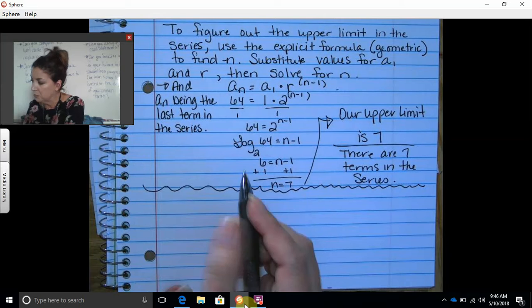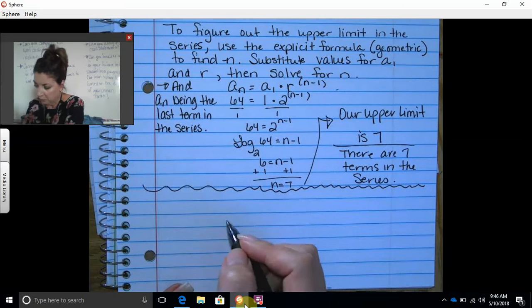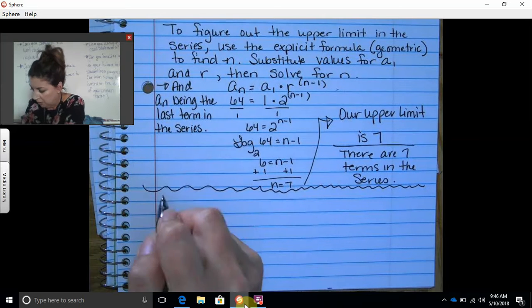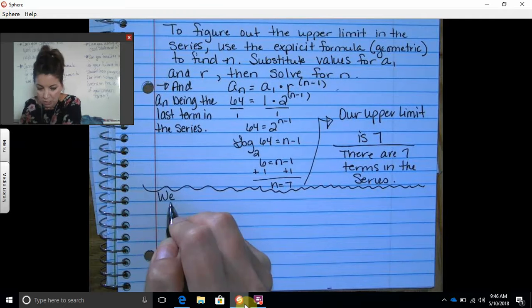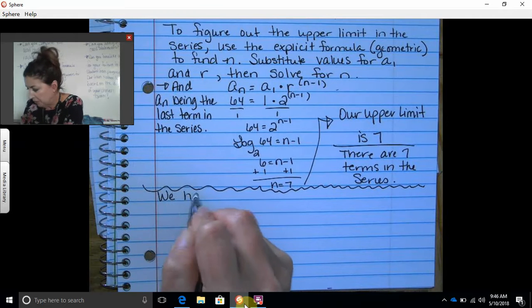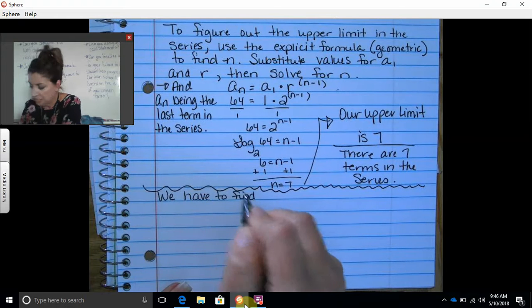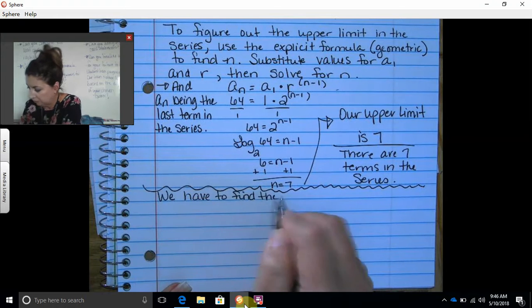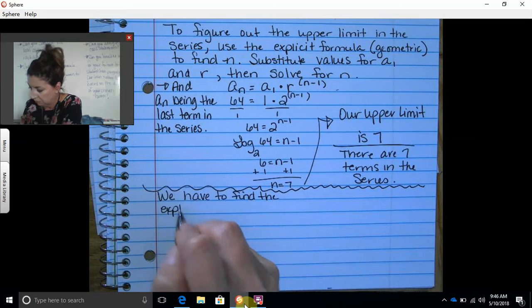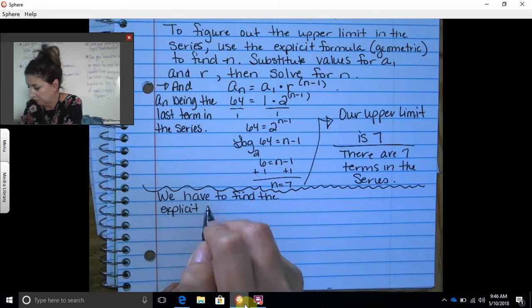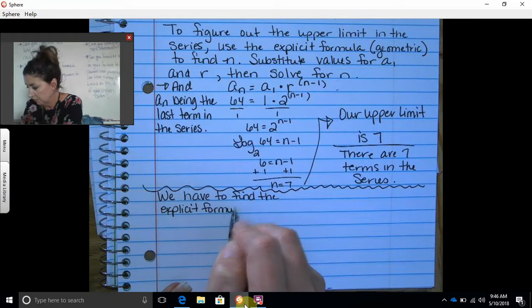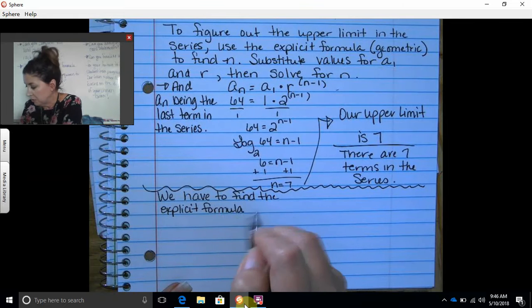Okay, we did this before with arithmetic. This part's kind of the confusing part. So just trust me on this one. We have to find the explicit formula specific to this problem.